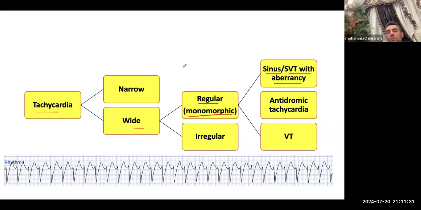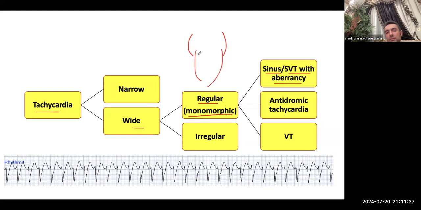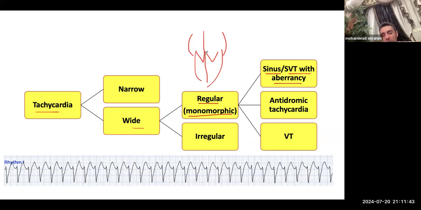Okay, so I'll try to simplify things. Imagine that's your heart, okay? I think I also have a cartoon when I advance the slide. Anyway, imagine you have your sinus node here, and then it goes down to the AV node, right?